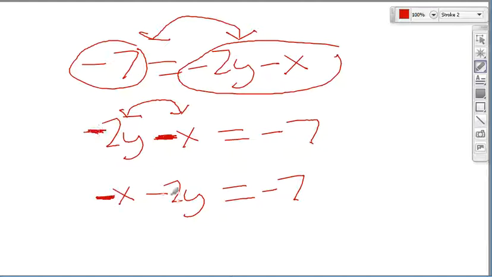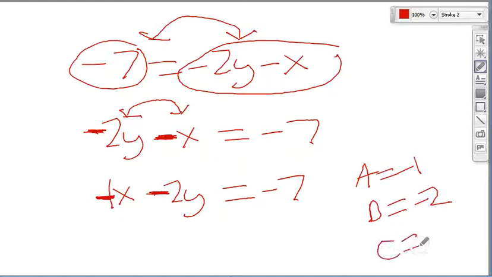And there's a negative sign in front of the 2y, so we have to also keep that sign. So the coefficient of the x term is negative 1. The coefficient of the y term is negative 2. And the constant in this case is negative 7. And voila! You guys now know how to write an equation in standard form.